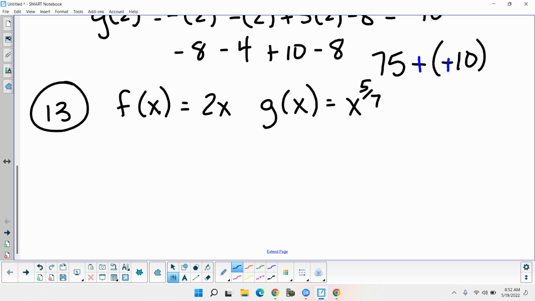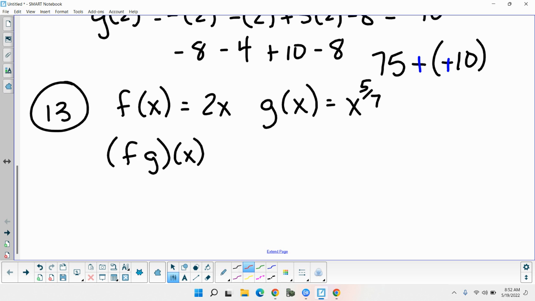And we're supposed to do fg of x. What's fg mean? Multiply, right? That's different than number 8 that we did yesterday.